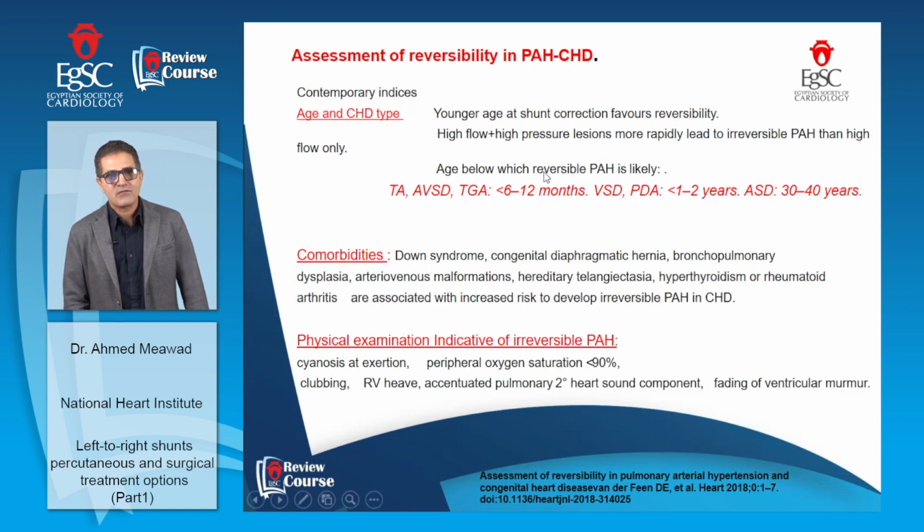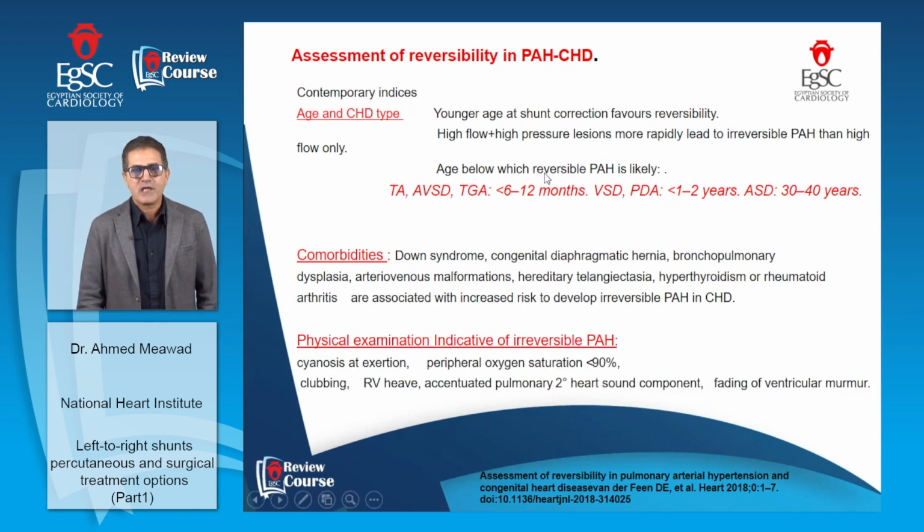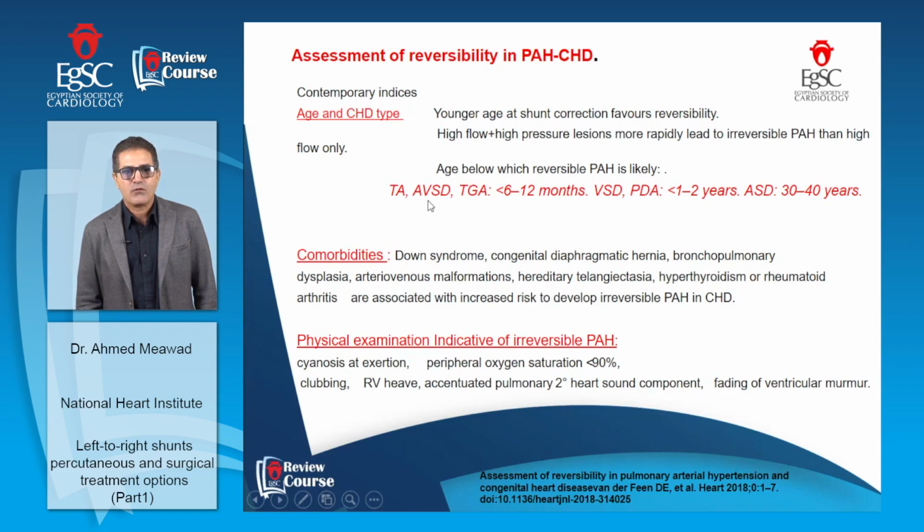How to assess reversibility in pulmonary arterial hypertension and congenital heart disease? One of them, the age. The age below which reversible pulmonary arterial hypertension is likely is 6 to 12 months in case of atrioventricular septal defect, endocardial cushioning defect, TGA, and truncus arteriosus.